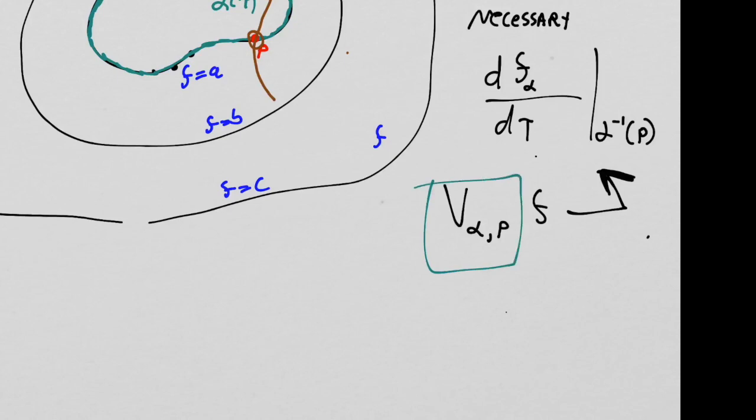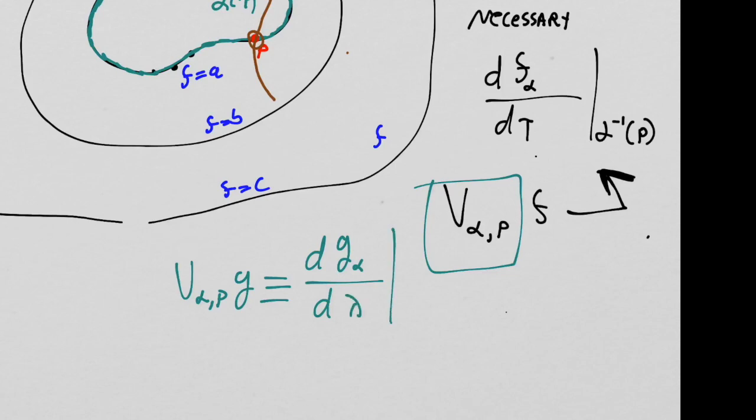So I could write V alpha P of the function G, and that means, by definition, d G alpha, d lambda, evaluated at alpha inverse of P.